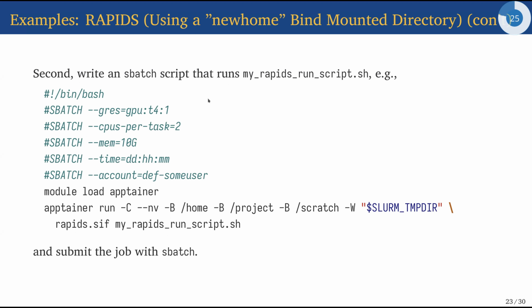Now you need to write your sbatch script, okay? I didn't set my new home thing here, so I need to update my slides and I'll make sure that's correct after, but you need to export new home. Actually, APPTAINERENV_HOME and the new home is missing from both of these scripts. So you need to put those in there. Otherwise, nothing's going to work. But you have the my rapids script. You run your image with everything it needs, including the APPTAINERENV_HOME equals the directory that you've set up, right?